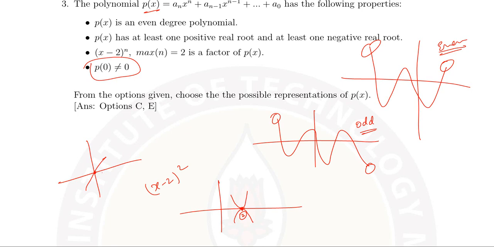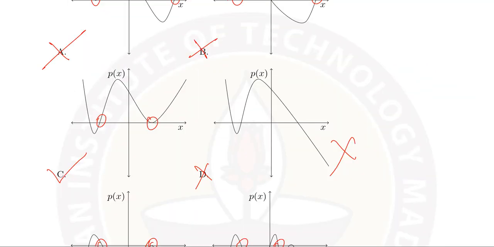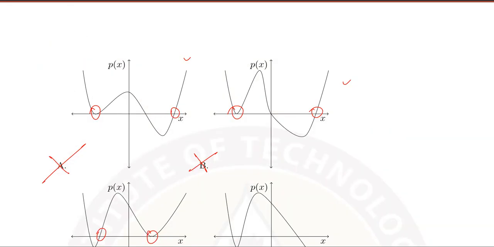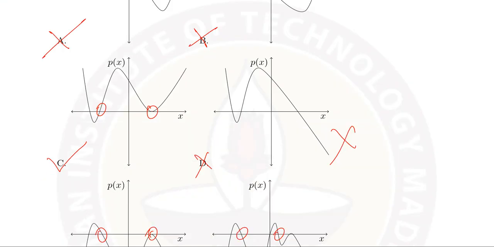So as we have already seen, A and B options are wrong, C was right, and the condition says P of 0 is not equal to 0. So clearly we can see option C being right, because at x equals 0, P of 0 is not 0. That is, it has some value, correct? So C is right.